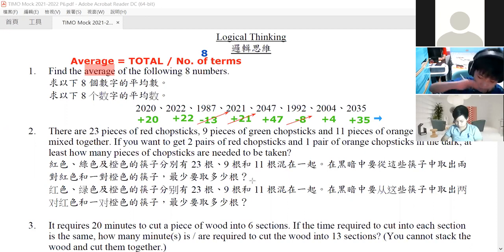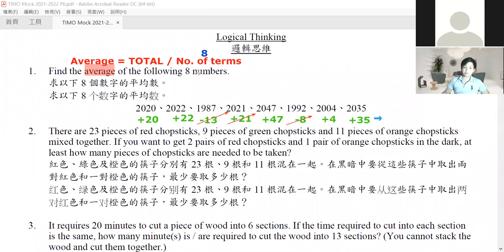For example, 22 plus 47 plus 4 equals 69 plus 4, which is 73. 73 plus 35 is 108, plus 20, and hence it would be plus 128.